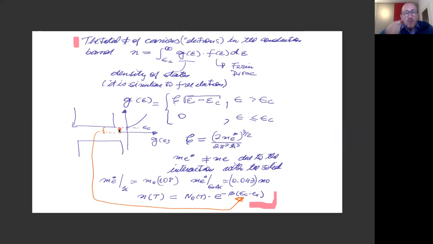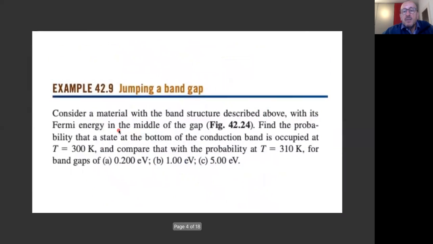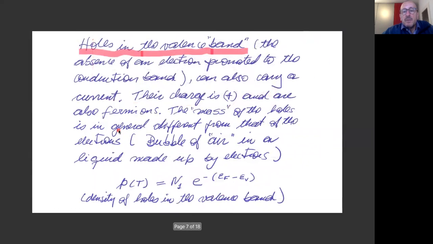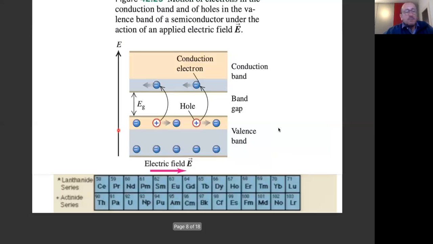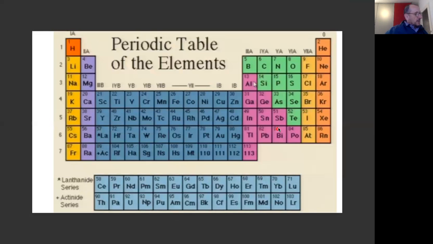If you want to have more charged carriers up there, you introduce impurities that add electrons. This is why we get into the periodic table here. This, for example, is an arsenic atom. An arsenic atom compared to a germanium atom has one more proton and one more electron.